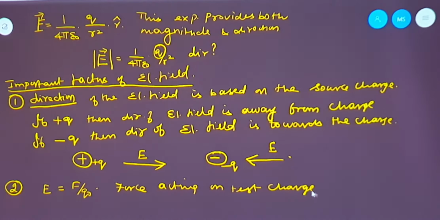You just make a cross multiplication. You can write F is equal to E into Q0. If you state this as F vector, then it is E vector into Q0. This is point number 2.